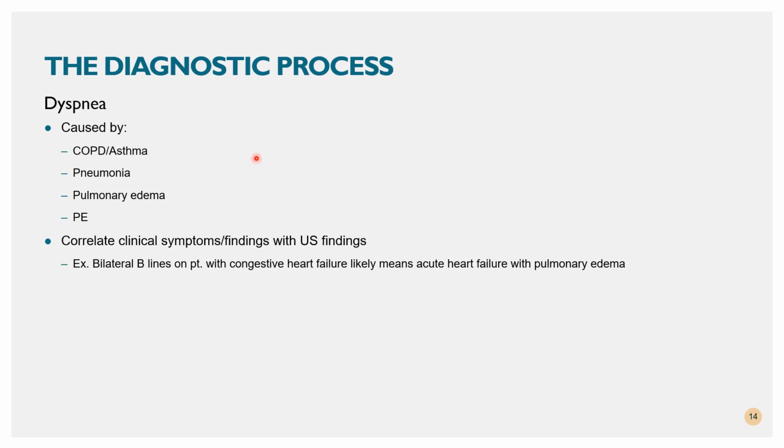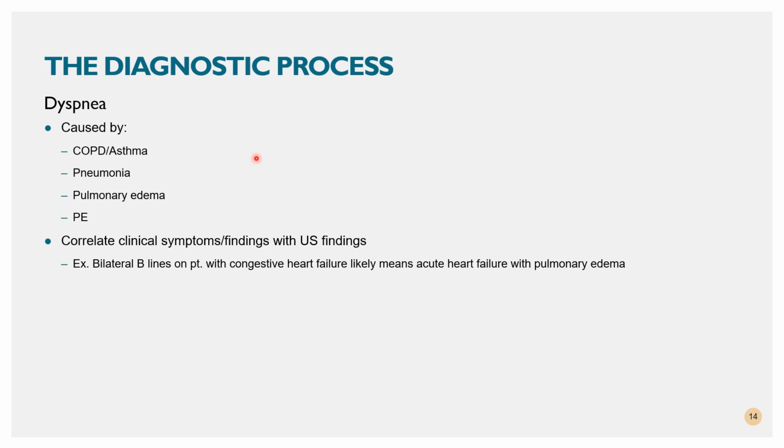Now, from the clinical history of your patient, you're probably going to have a pretty good idea about what's causing their dyspnea, and then you add the point-of-care ultrasound to that, and it's probably going to support your ideas. But sometimes you're going to want to go through an algorithm to help differentiate exactly where you think that differential diagnosis is going to take you.